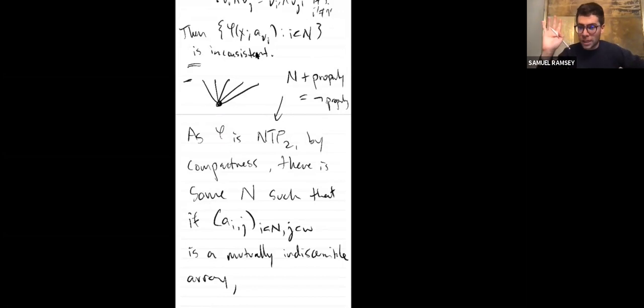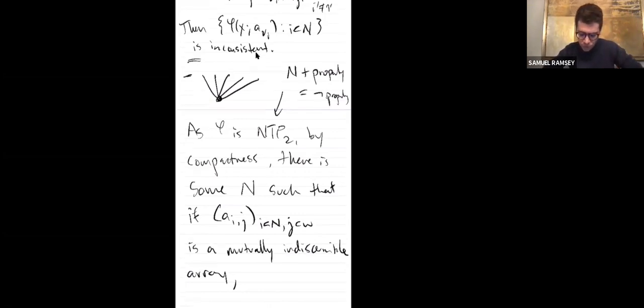Now before you protest, I know that when we defined mutually indiscernible array, the index set was omega and omega. So we had omega many rows and each one had width omega. But you can perfectly imagine how to modify the definition when the height is n. When you have n rows and still width omega columns. You just have n sequences, and whenever you fix one of those sequences, it should be indiscernible over the others. So it's still a mutually indiscernible array. It just has finite height now.